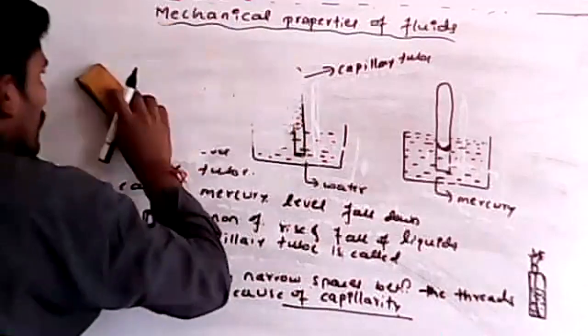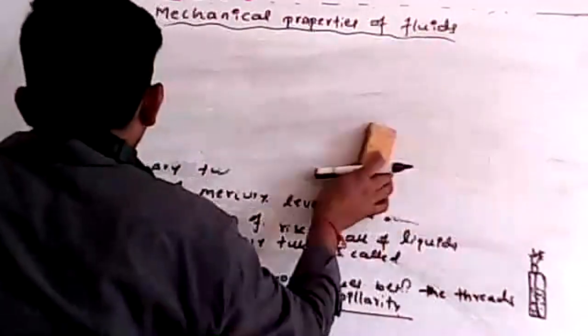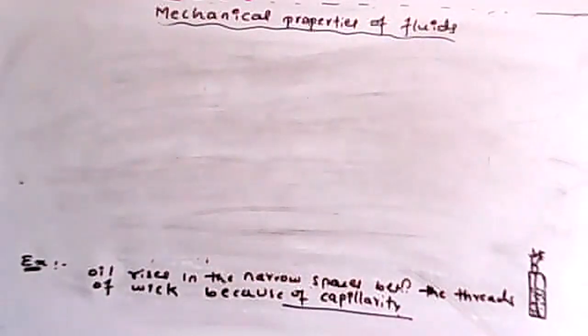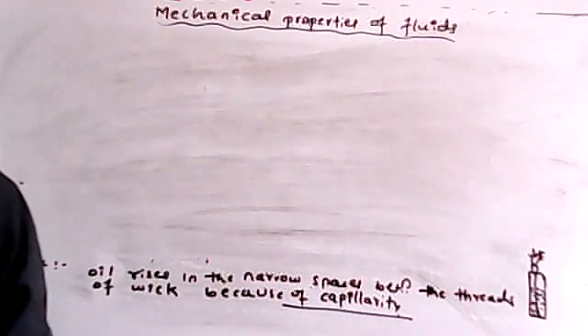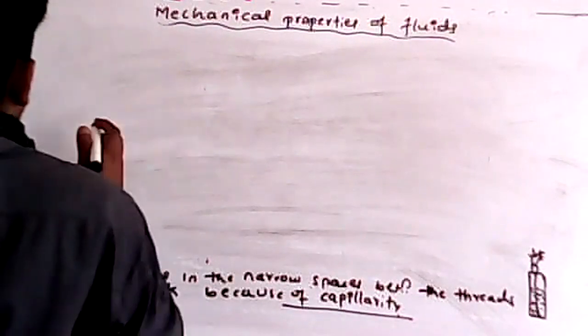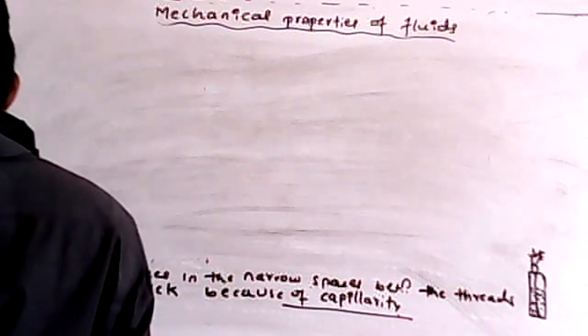Some other examples we can write. Let me write some more examples for your convenience. One more example is in an ink pen. You already noticed the ink pen also.